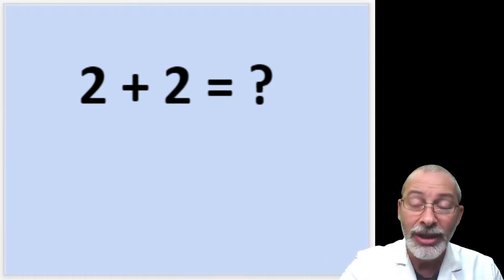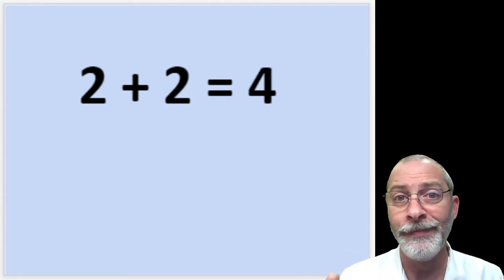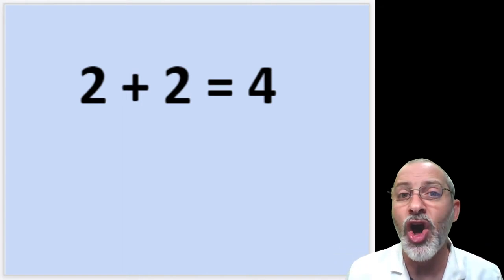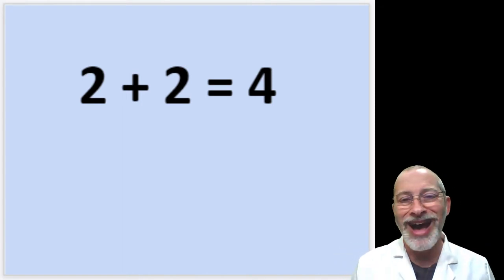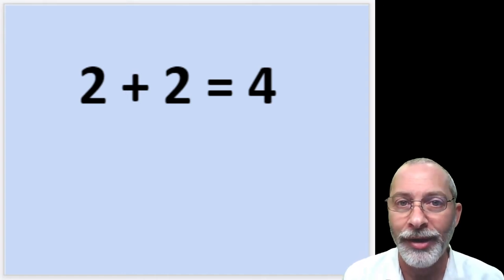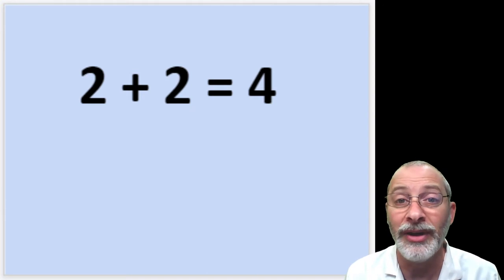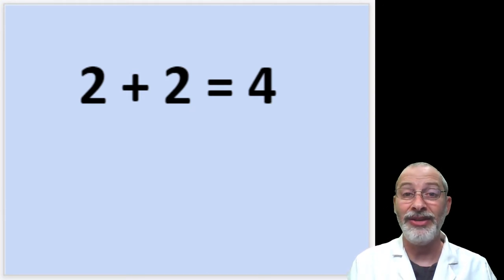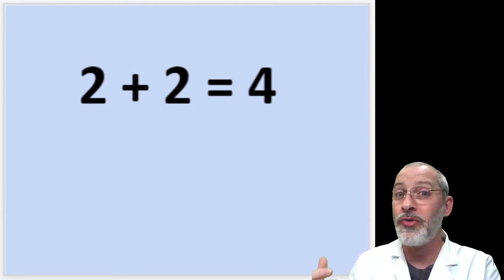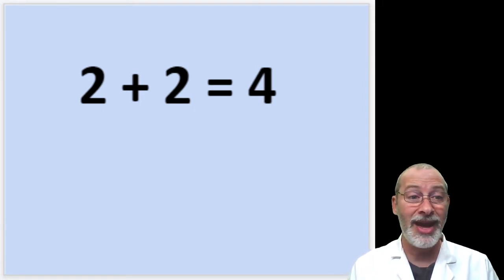And certainly you've all said 2 plus 2 equals 4. That is a law. 2 plus 2 is not equal to anything other than 4. Period. Whether you want it to equal something else or not is irrelevant. It doesn't. It either is right or it's wrong. And that's the way it is in math and in science.